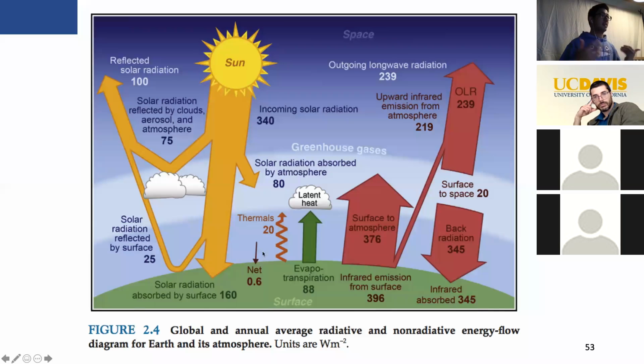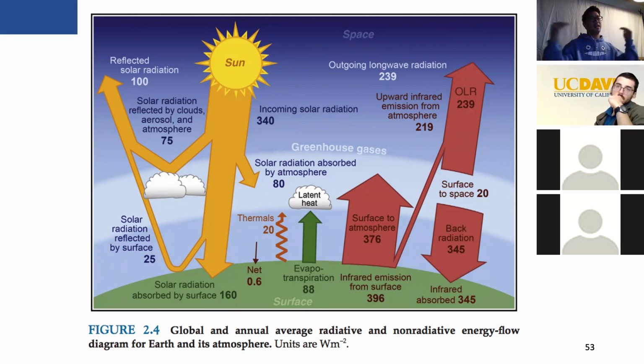And that's going to lead to, ultimately, the system coming back to an equilibrium where you're still getting, you know, a total of 340 out, right? If I added up all these numbers, you're going to get a balanced equilibrium, but it's going to be occurring at a higher temperature, and so that's what's leading to global warming.